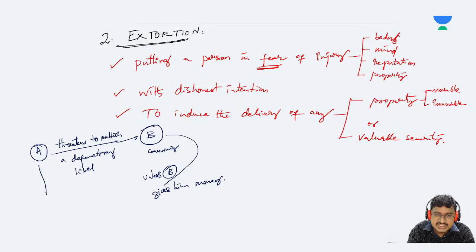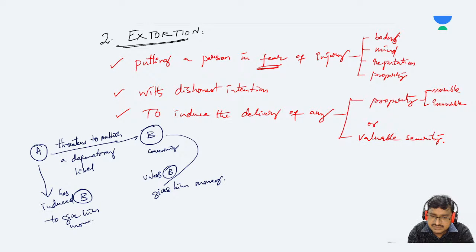Thus, Mr. A has induced Mr. B to give him money or other valuable security. This amounts to extortion, friends.